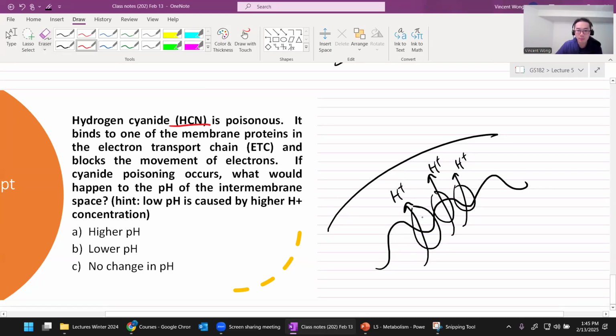So if you block all these things, then you will not have as many H plus in the intermembrane space. So lower H plus equals higher pH. The correct answer is A.